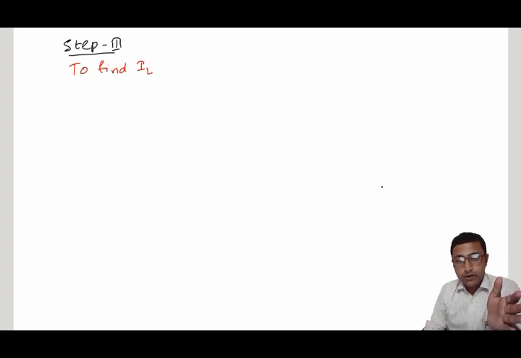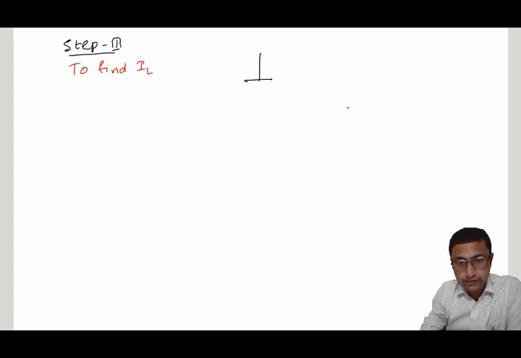From step 1 we have already measured VTH, and from step 2 we have already measured RTH. Now your Thevenin equivalent circuit will be a voltage source VTH, with a series resistance RTH connected to it, and with this the load resistance is connected.